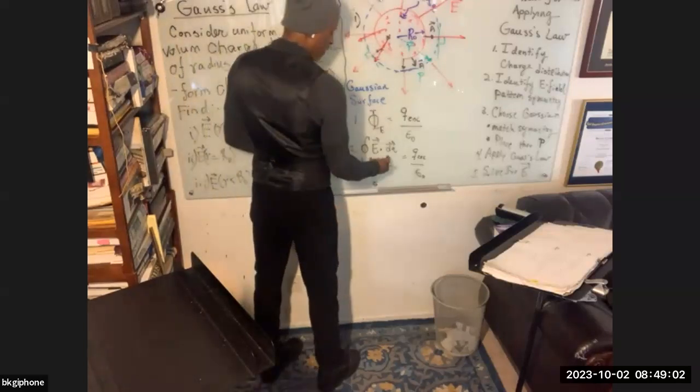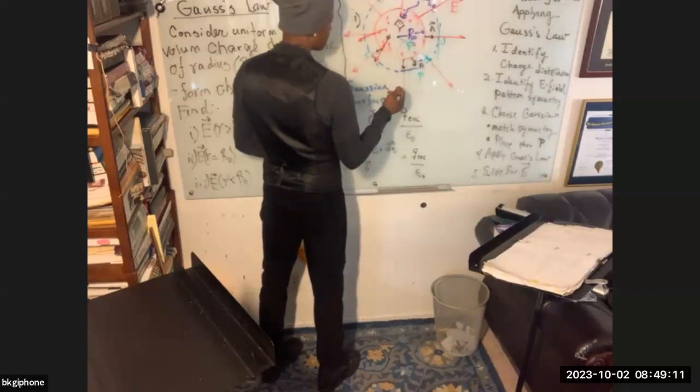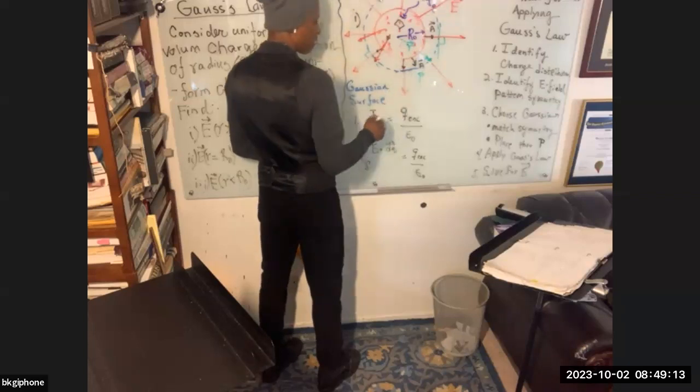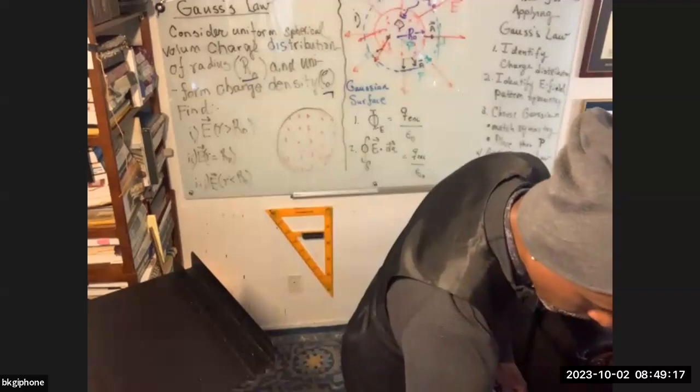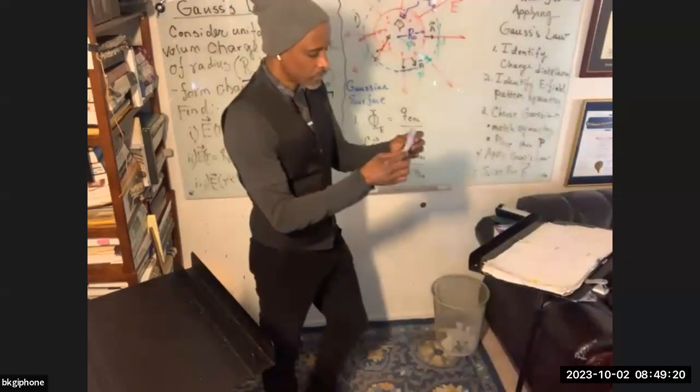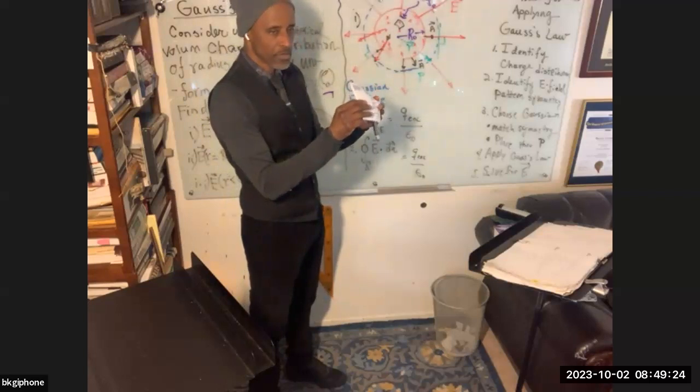This dA here is like, if I took a little square, consider a little square on the surface.